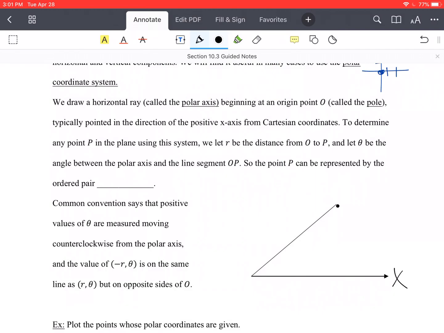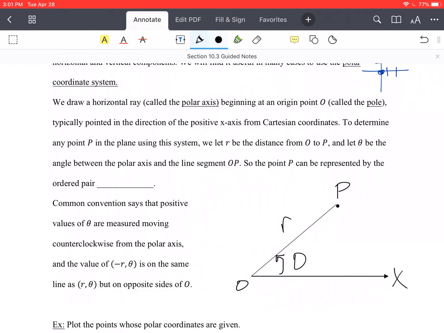And then to determine any point P in the plane using this system, we let r be the distance. So here's the point P. We let r be the distance from O to P. So O to P, so that's r. And let theta be the angle between the polar axis and the line segment OP.